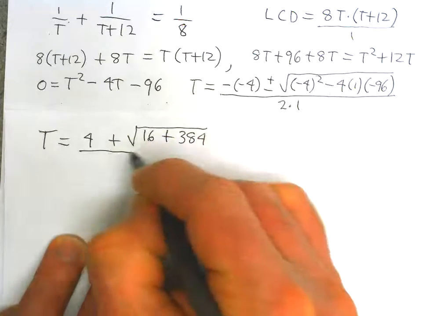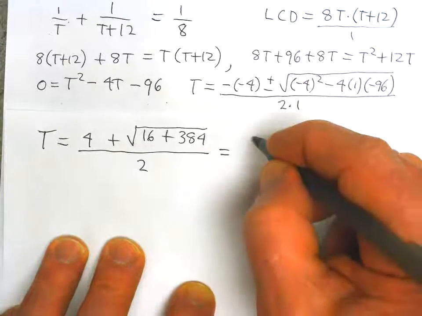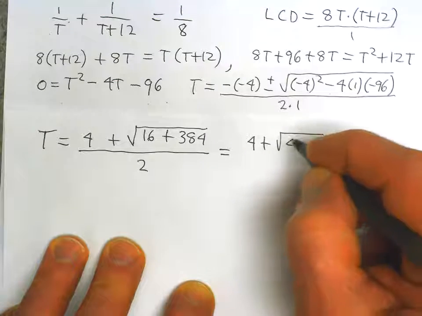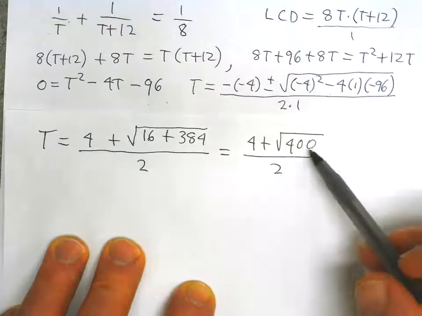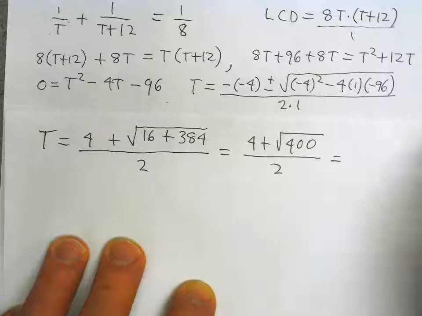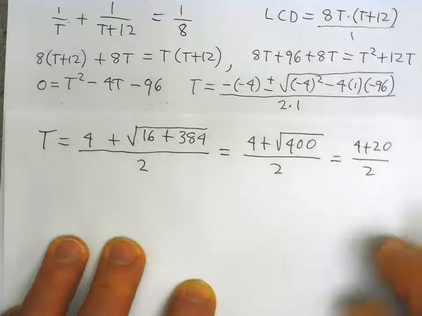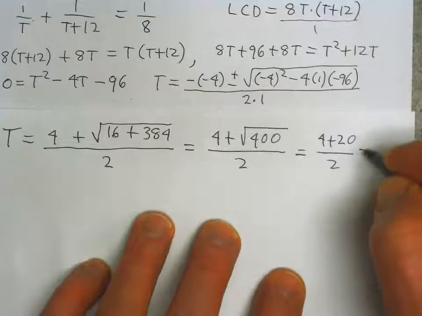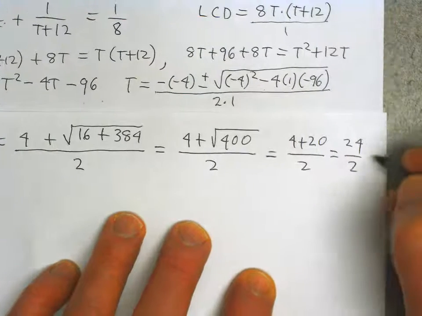And then we divide all of this by 2. And then 4 plus the square root of 400, all divided by 2. And the square root of 400 is 20. So we get 4 plus 20 divided by 2, or 24 divided by 2, which is 12.